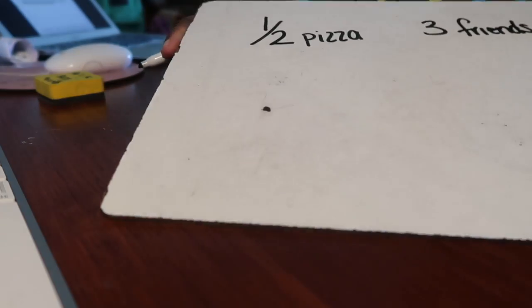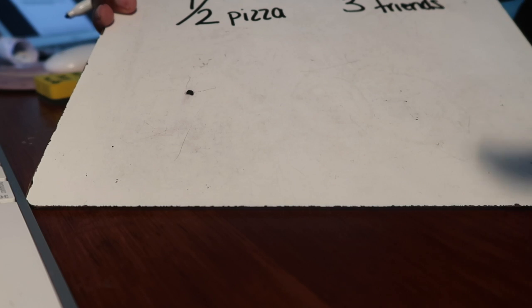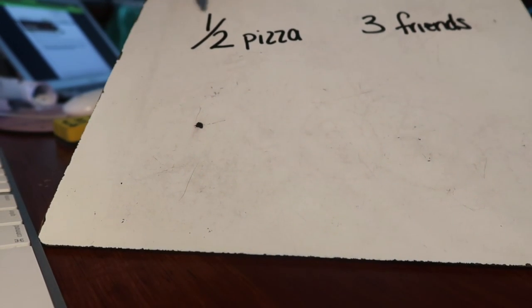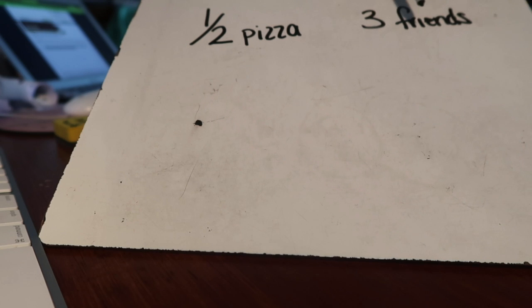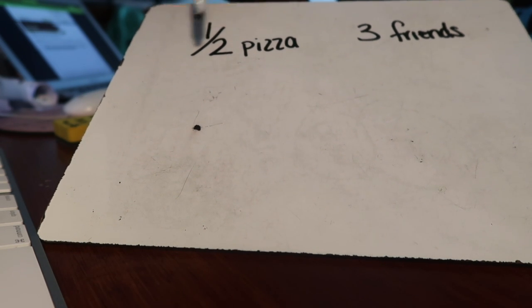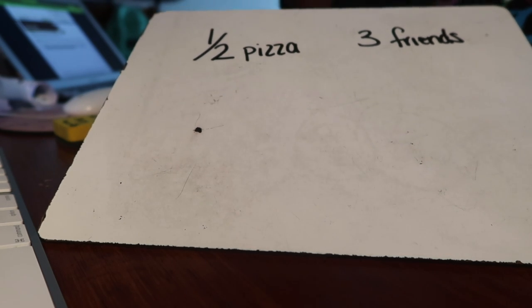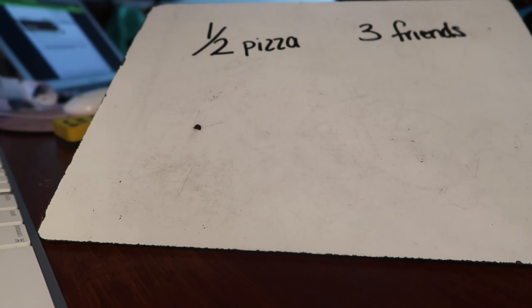So the important numbers in this problem: Ron had 1/2 pizza, and he was dividing it into 3 parts, the half pizza into 3 for his friends. So I'm going to do an input model. I'm going to model it, and then we'll solve it from there.